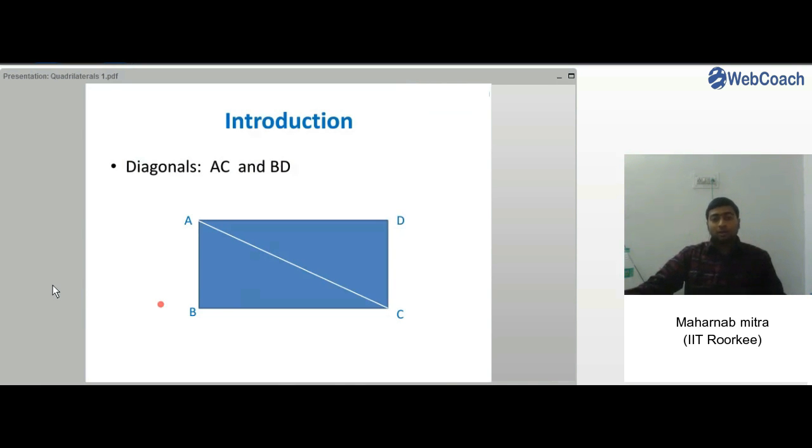So let us learn about what are diagonals. I think you know what they are, right? And you can see diagonals are those lines which join the opposite vertices. Like here you can see the opposite vertices A and C are joined, and you can see B and D are also opposite vertices.